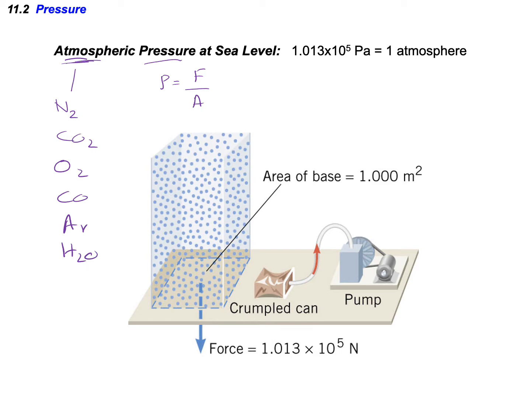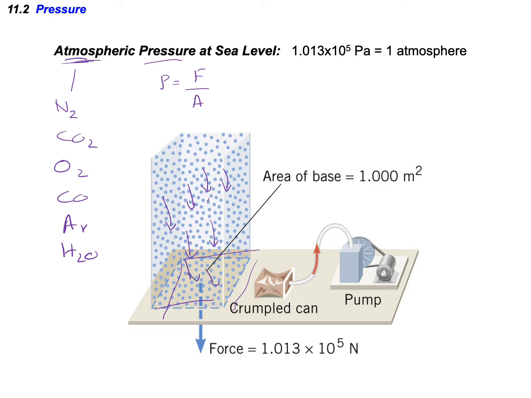If these gases contribute to pressure on a certain area, like a 1 meter by 1 meter area, these are gas molecules, and if you consider a 1 by 1 meter square area, all these molecules apply pressure. The magnitude of that pressure, we call atmospheric pressure.